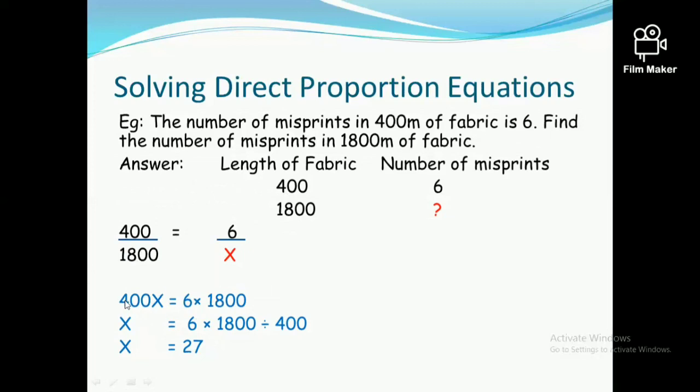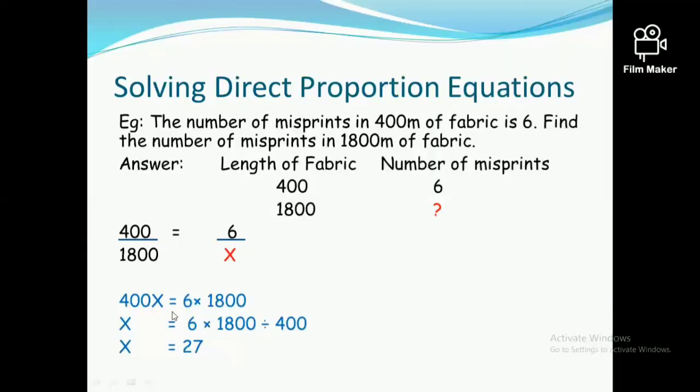To find x, you can bring this 400 to the other side, turning it into divide by 400. Then your answer would be 6 into 1800 divided by 400. Then you will obtain 27 misprints in 1800 meters. So that is a simple idea of solving direct proportion equations.